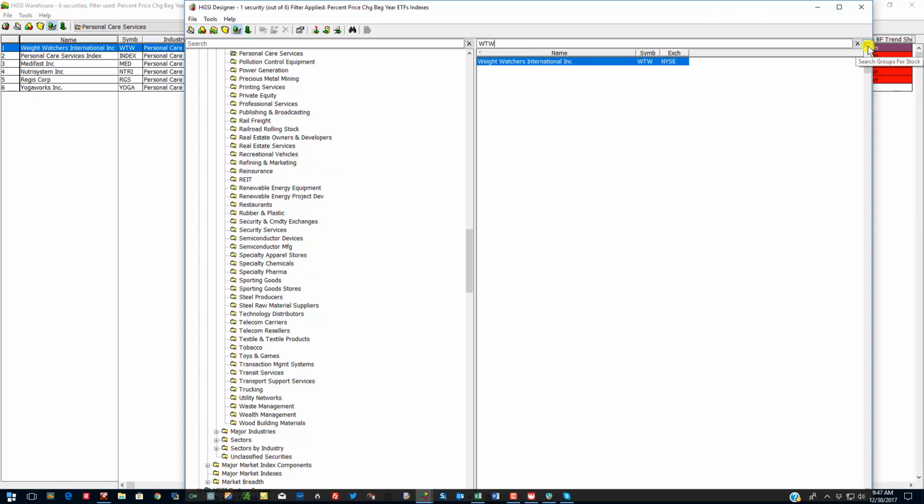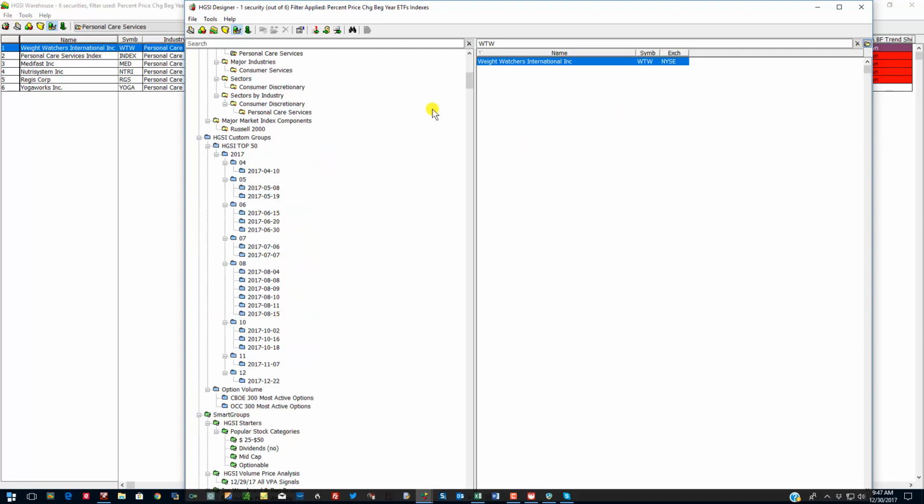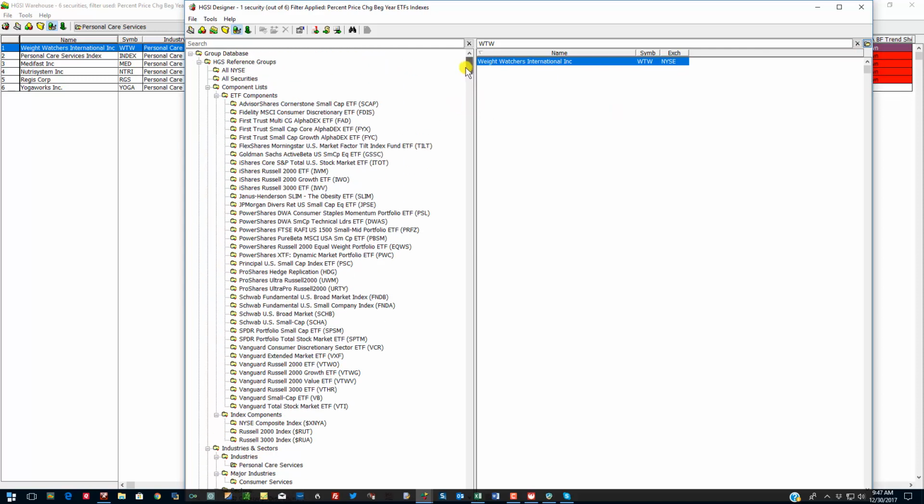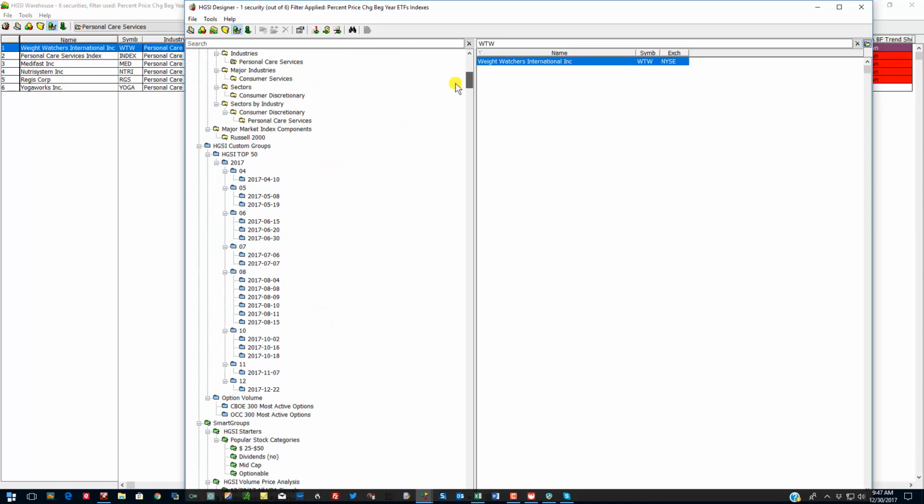It's going to search groups for stock, and you can see that it is in all of these indexes, but what I'm more interested in is the HGSI top 50, and you can see that Weight Watchers International appeared multiple times. I've seen this come up, well, multiple times over the past year.